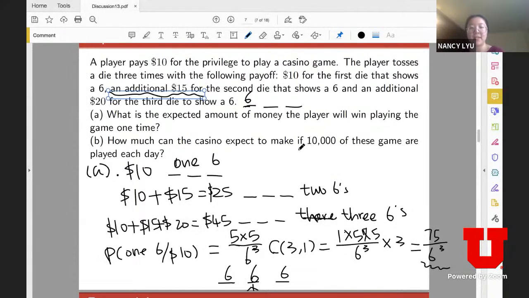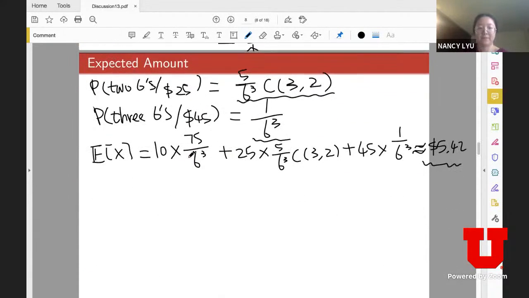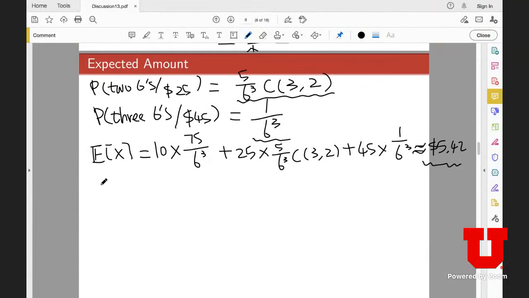So we're going to play this game 10,000 times, and how much will the casino expect to get from this? Well, if you're expected to win 5.42, then the casino's expected to win 4.58. Then you multiply that by 10,000.